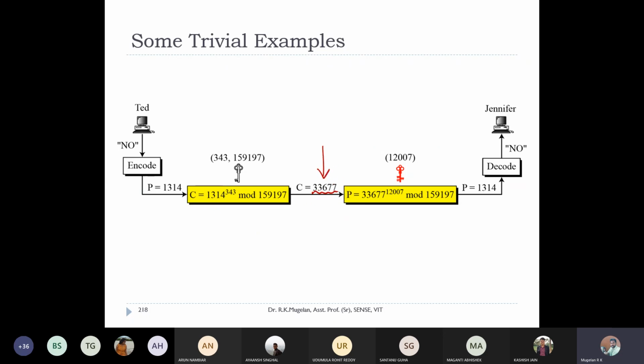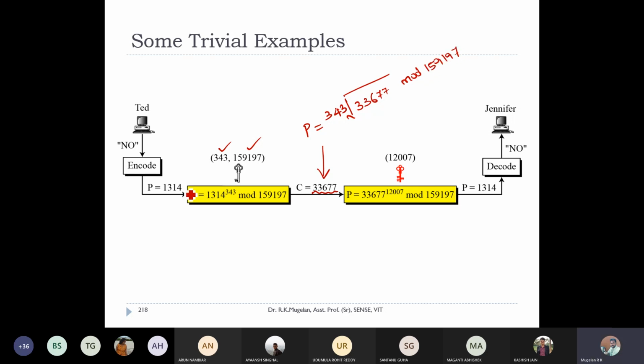Suppose an attacker gets the knowledge of C as well as the public keys. So to get the plain text back, he has to find the 343rd root of 33677 mod 159197.